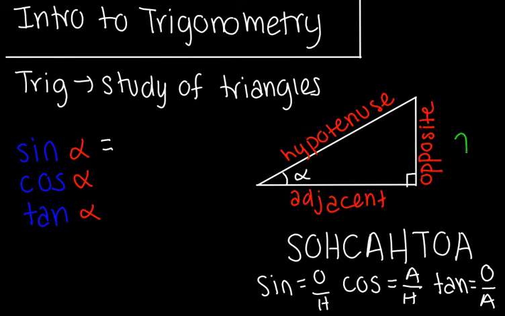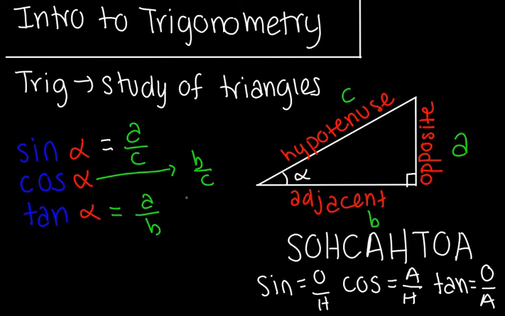Let's call this side A, this side B, and this side C. So that means that sine of alpha must be equal to opposite over hypotenuse, and opposite is A, and hypotenuse is C. Cosine of alpha is adjacent over hypotenuse, which means that it is B over C, and tangent of alpha is equal to the opposite over the adjacent, which is A over B. So these are the three main trigonometrical functions.